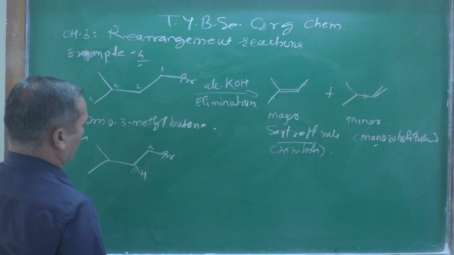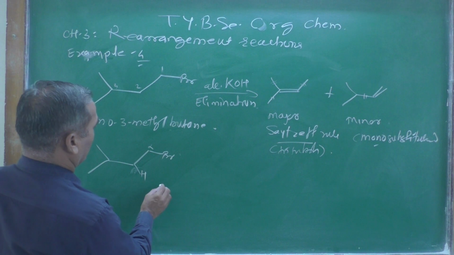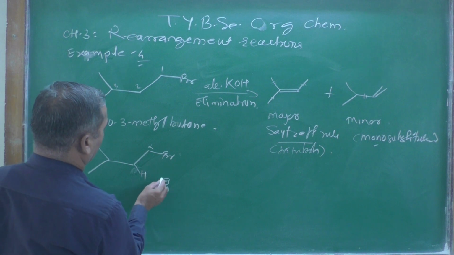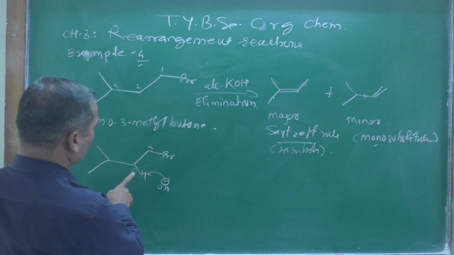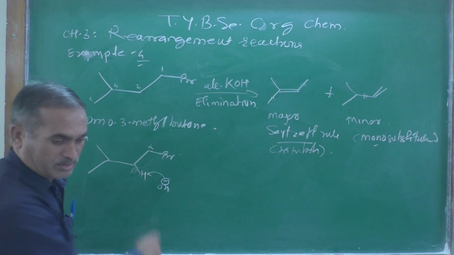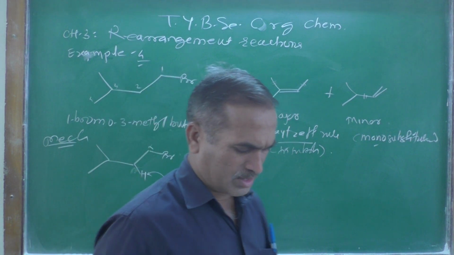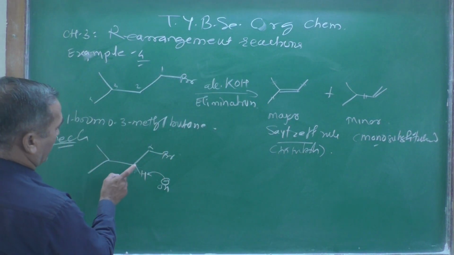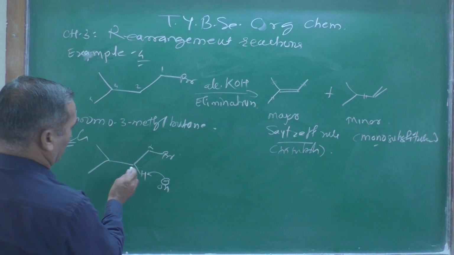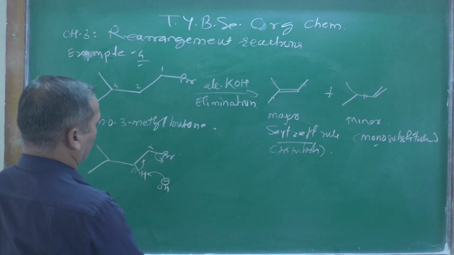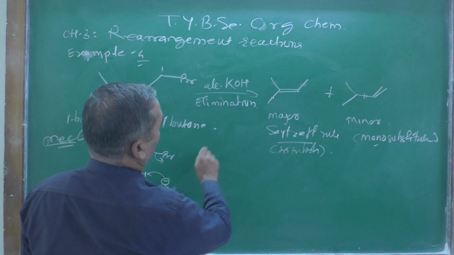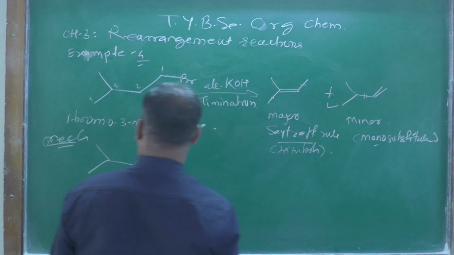look at the hydrogen atom which is present over here, the OH minus can abstract the proton from here, that is the alpha, that is this one. Now when it abstracts the proton from here and forms a double bond, Br gets eliminated, so that you get this type of product.